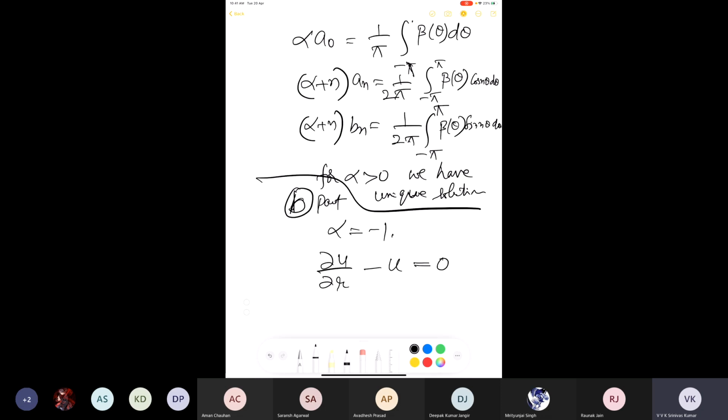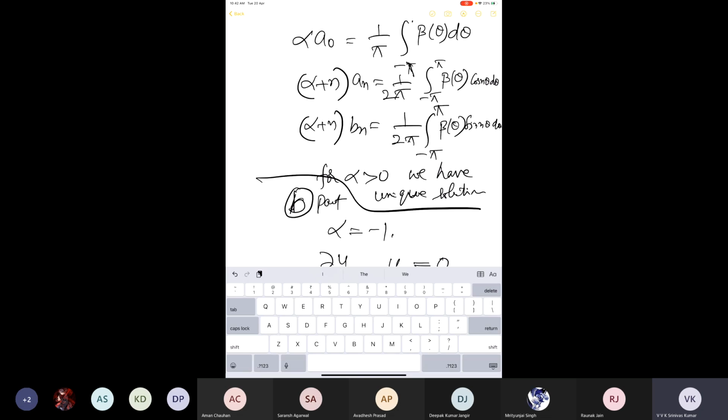So u(r, theta), with alpha equal to minus 1, we don't need superposition, just consider this one factor, b r sin theta. To show the uniqueness fails, consider this solution.